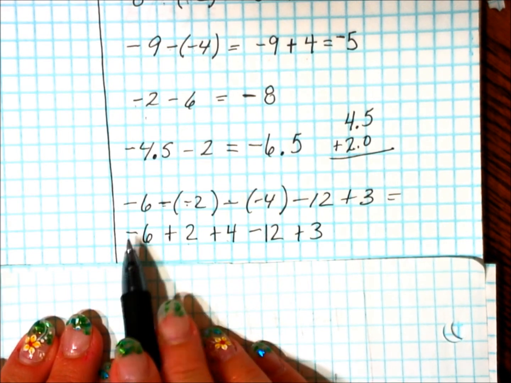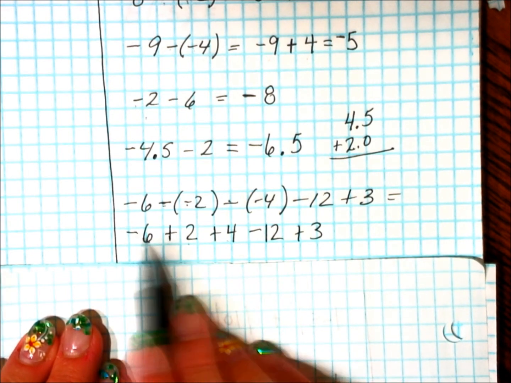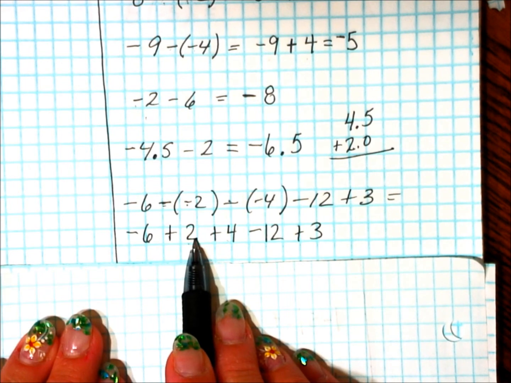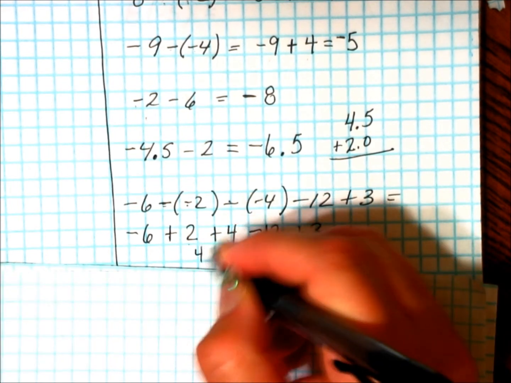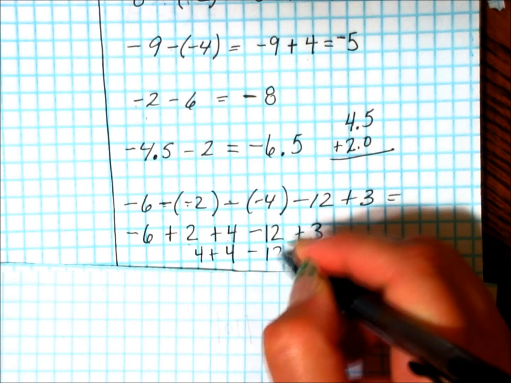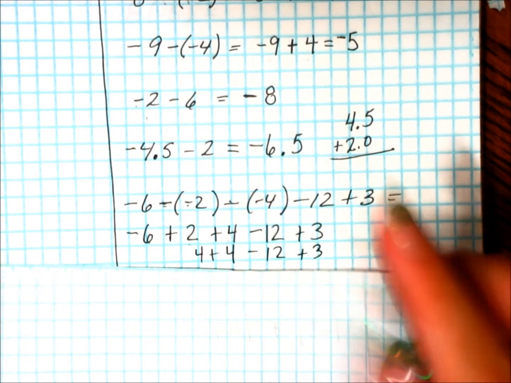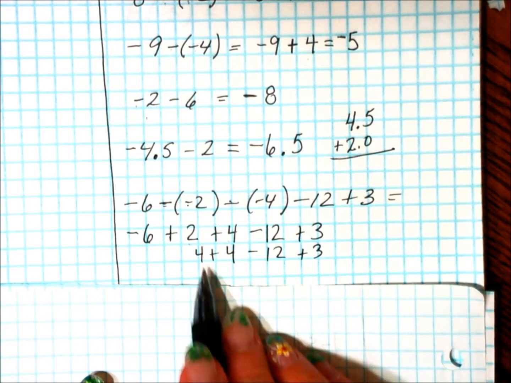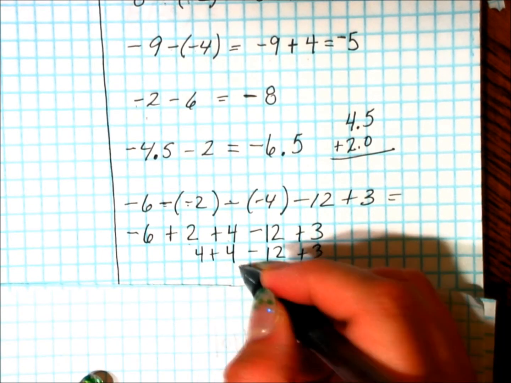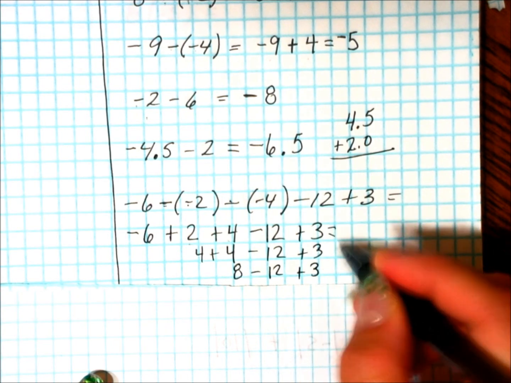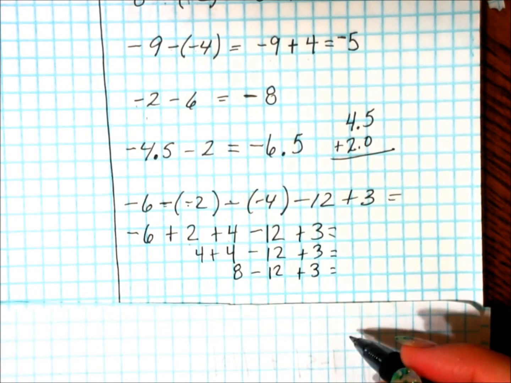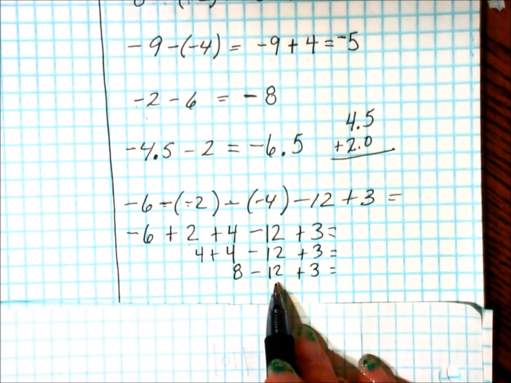If not, let's just start left to right. Negative 6 plus 2 gives me a positive 4. 4 plus 4 gives me 8. Minus 12 plus 3. 8 minus 12.